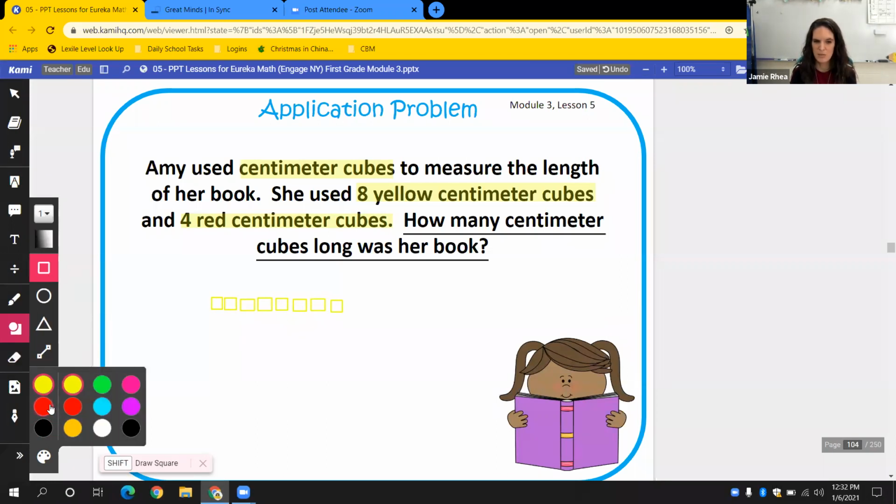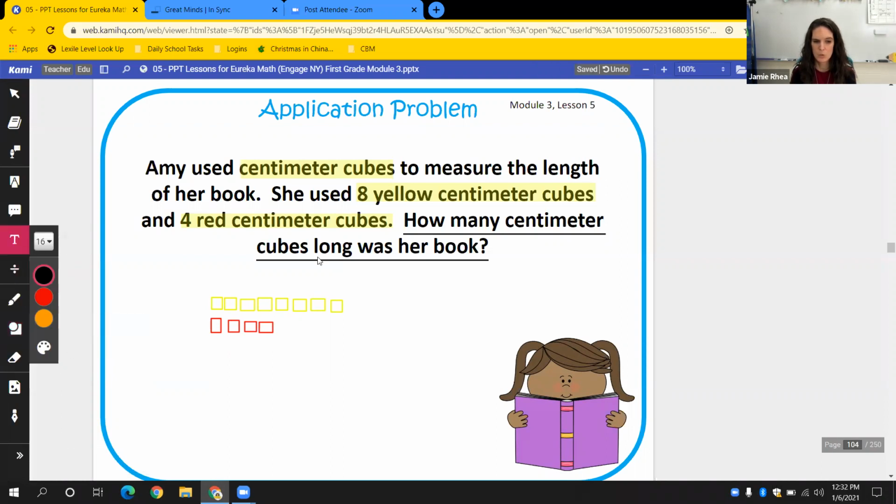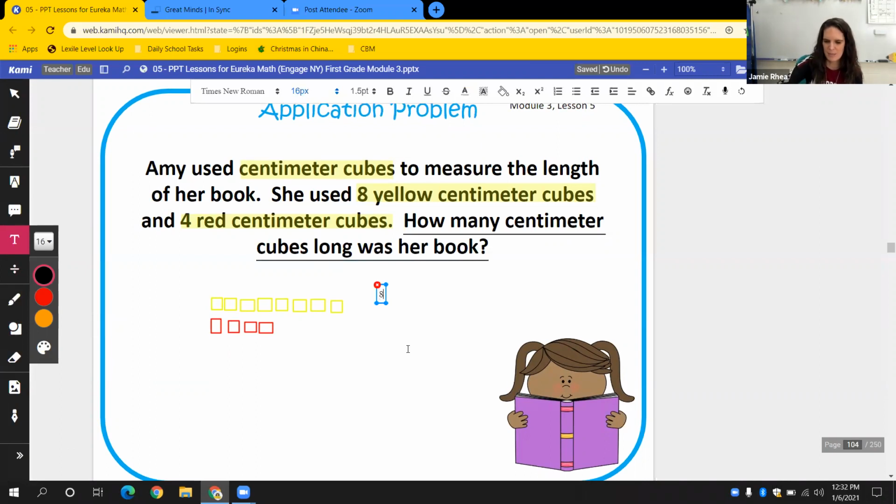All right, and how many ones? We had 4. So 1, 2, 3, and 4. Now my centimeter cubes are not the best, but that's okay. So now I know that I had 8 centimeter cubes plus 4 more centimeter cubes.